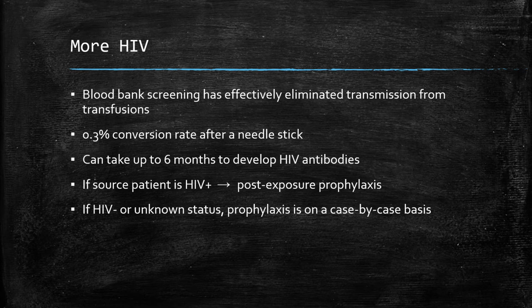If the source patient is known to be HIV positive, then effective post-exposure prophylaxis protocols exist. If the patient is HIV negative or has unknown status, then post-exposure prophylaxis will need to be decided on a case-by-case basis.